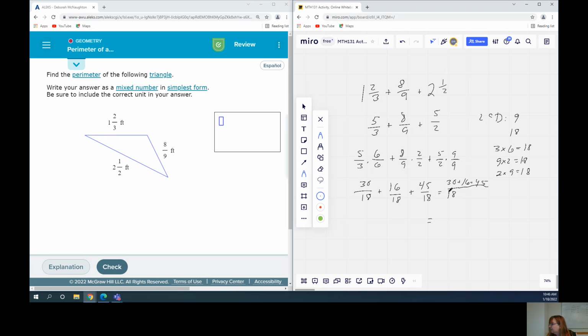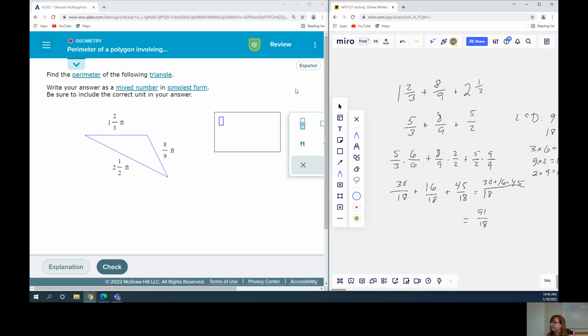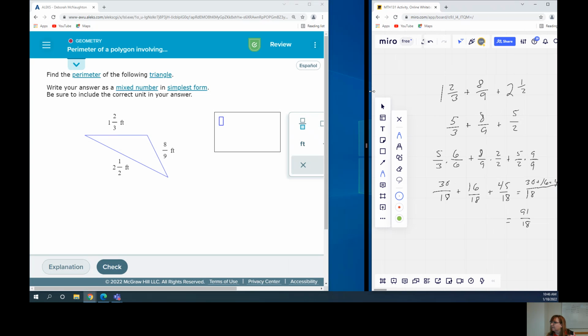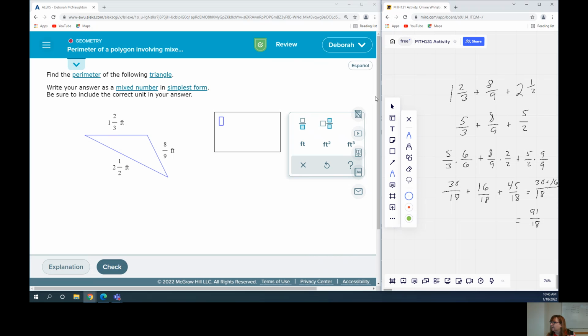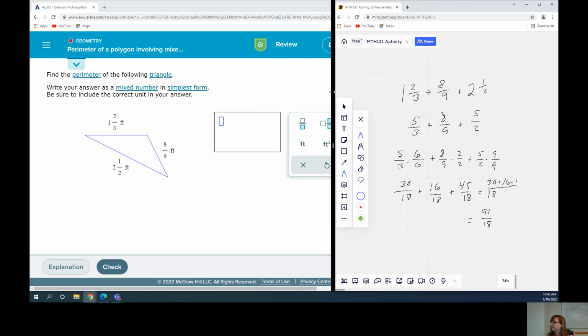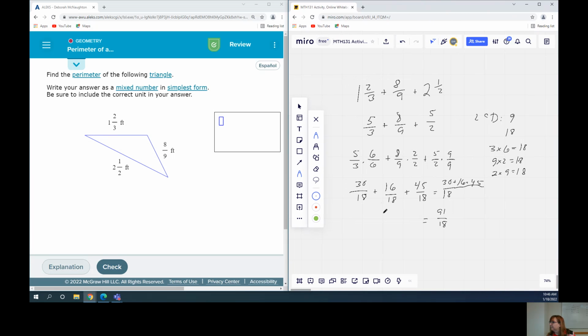And that gives me 91. I think they didn't give us a calculator. Yeah, no calculator. Okay, so I have 91 over 18.